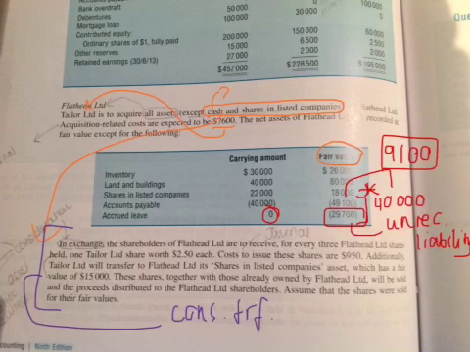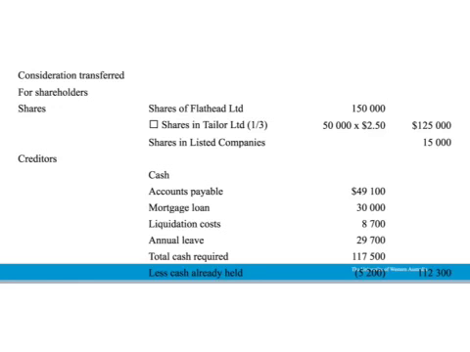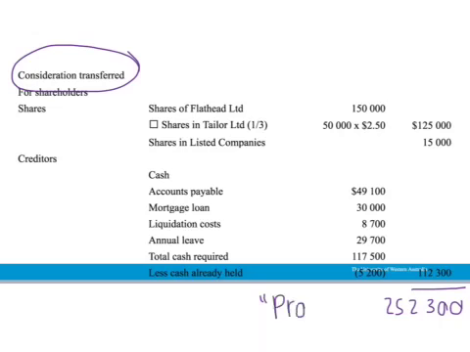The information in this last paragraph, as well as what's included on the following page of the question, gives us sufficient information to calculate the consideration transferred in the acquisition analysis. Now, I'm not going to go through that calculation at the moment, but the total of this 252,300, that's the proceeds part to the liquidation account. So let's look at the liquidation account.